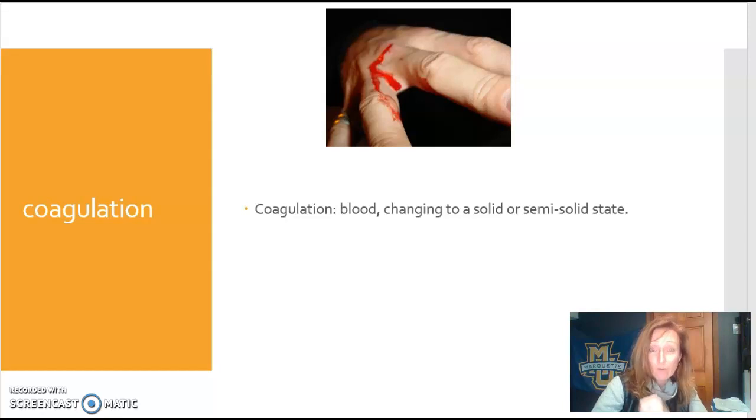Rushing to that site and forming that plug. And there's also a cascade of clotting factors, the intrinsic and the extrinsic pathways, to form those clots. If you look on page 827 in your text, figure 48.1, it goes through those processes of how the body coagulates.